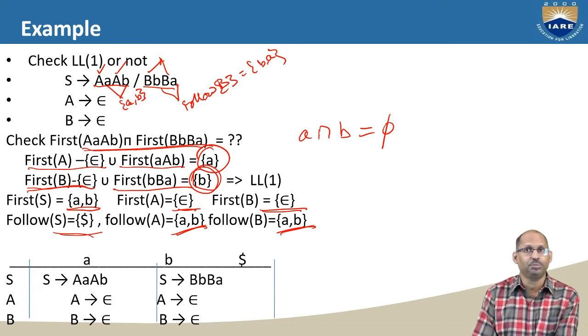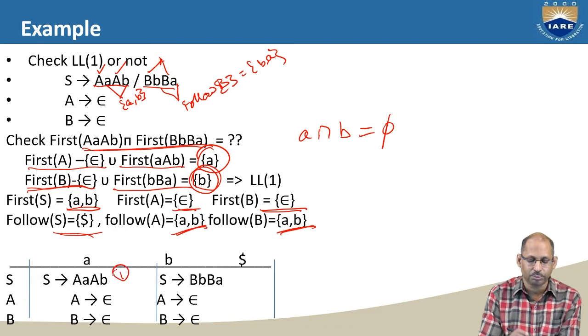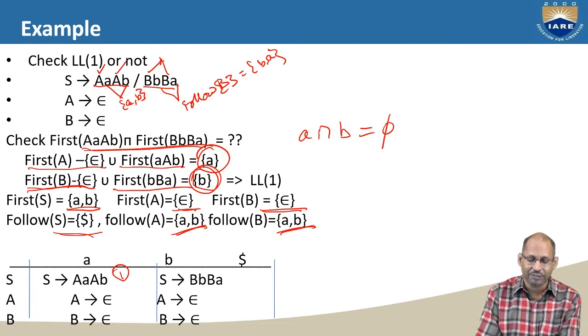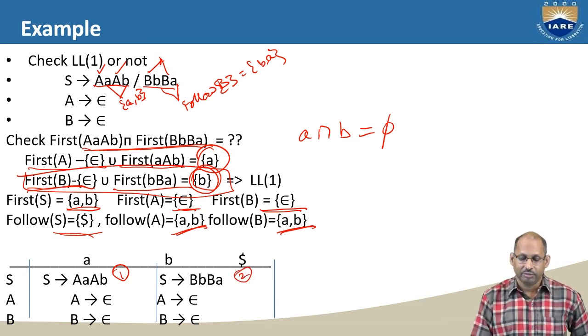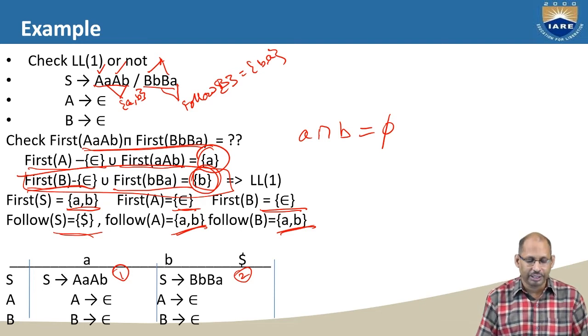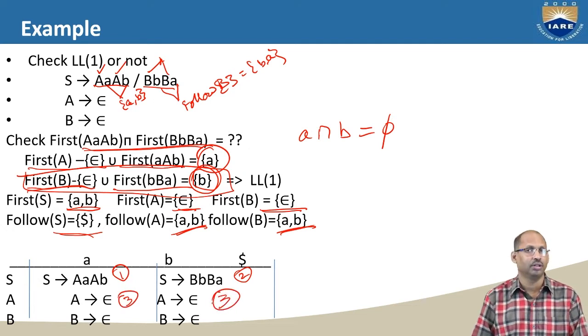Now, for the first production, it is giving A, so we write the first production there. For the second production, it is giving B, so we write the second production. Then for the third production, it is epsilon. Since it is epsilon, we consider follow of A, which is A comma B. So in both, we write the third production.